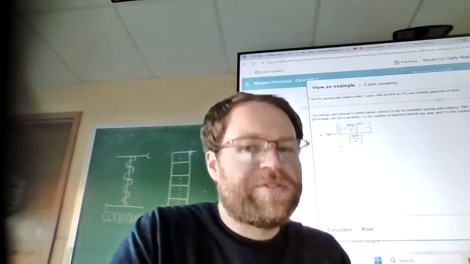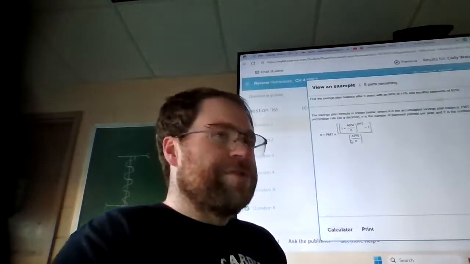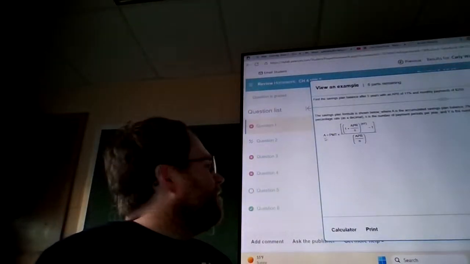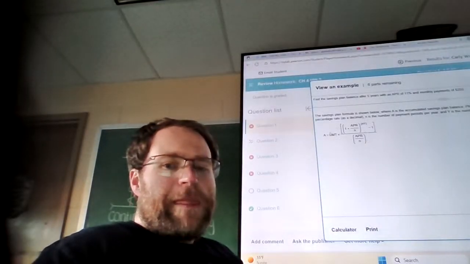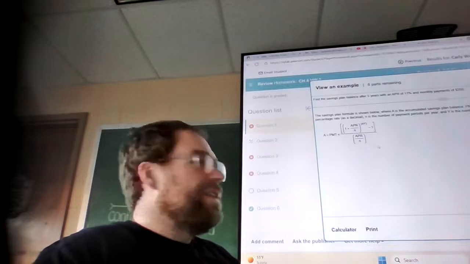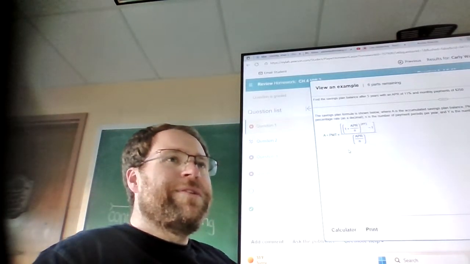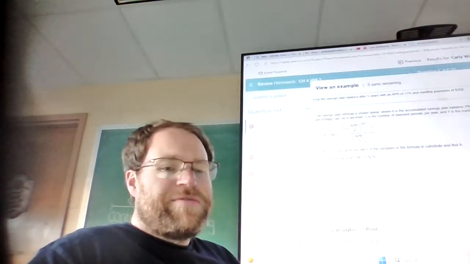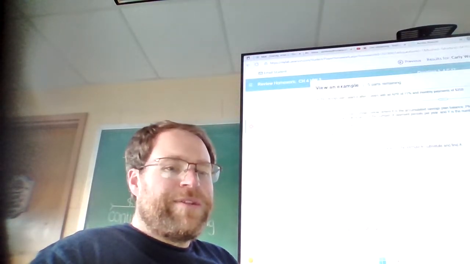So what I'm going to do here, I'm just going to show the example that they have here with some different numbers. That's the formula that they're using here to figure out the final value. This might look kind of strange, but it's actually just the compound interest formula rearranged a little bit. Each of these questions, if you click on the Get More Help and view an example, it'll give you the formulas.